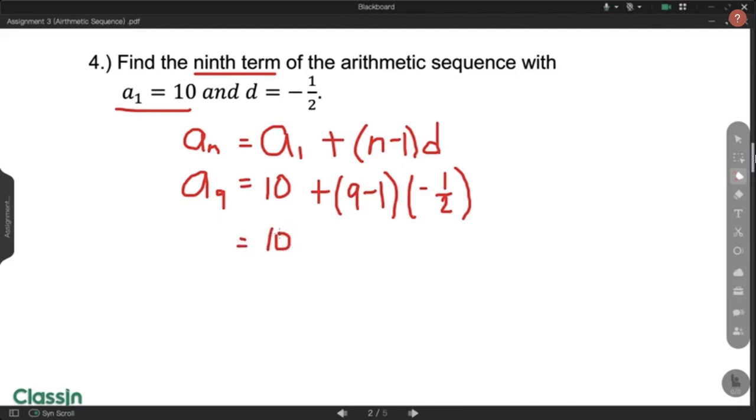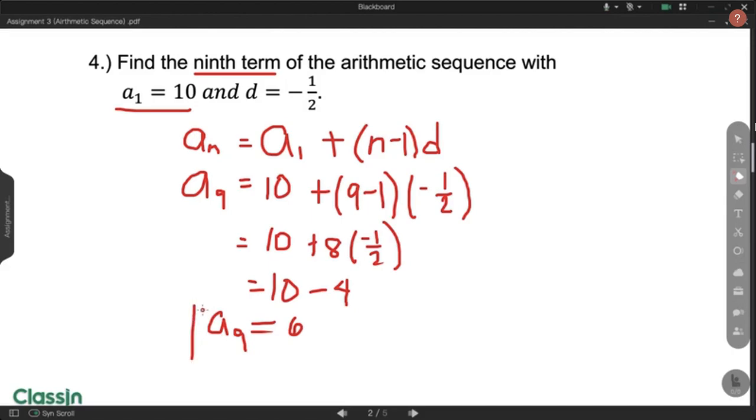This is just 10 plus 9 minus 1 is 8 times -1/2. 8 times -1/2 is -4. It's just like 8 times -1, -8 divided by 2 is -4. And 10 minus 4 is 6. Therefore, the 9th term of the arithmetic sequence is 6.